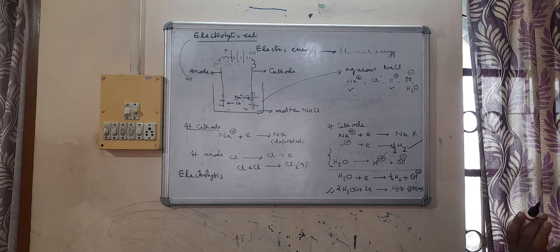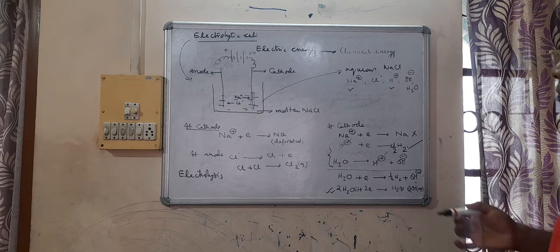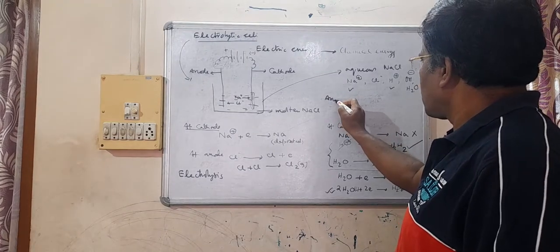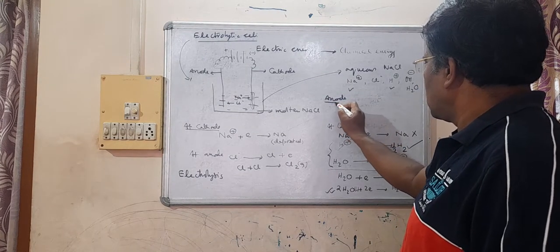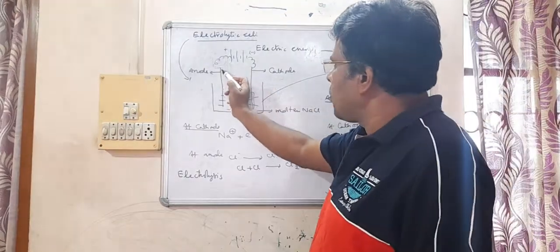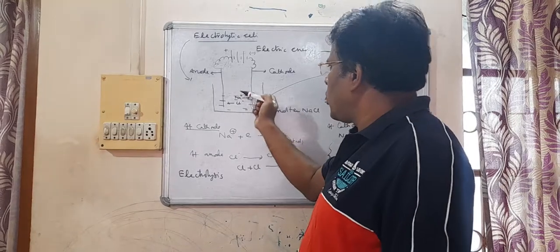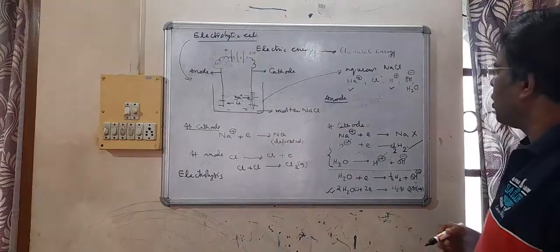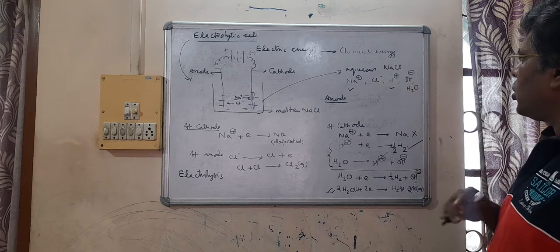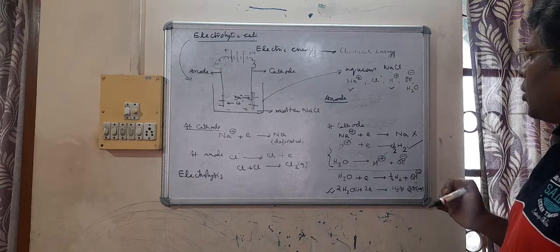Okay, now what about the anode? At the anode, which is positively charged, we have to consider the negative ions. So which are the negative ions here? Cl- and OH-.